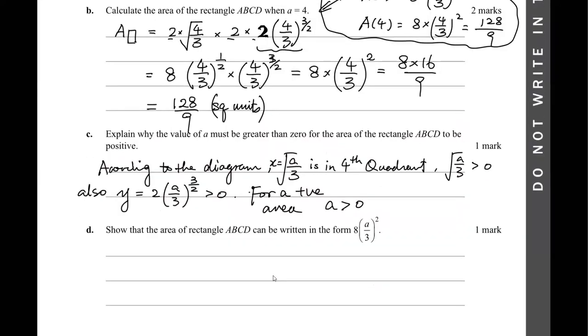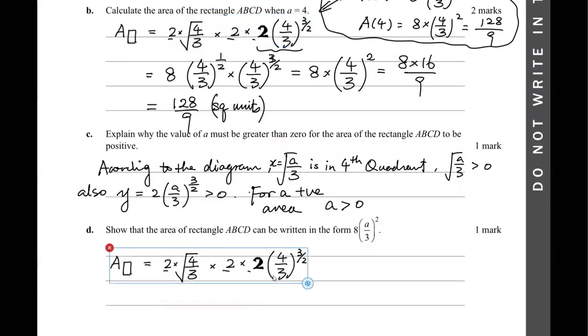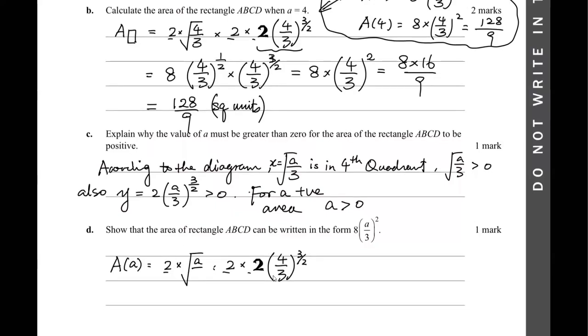So what I'm trying to do is we need to show the formulation like before, like in part B. But instead of working with a specific value of the letter a, we are actually saying A of small a, that's the width, and that is the height.